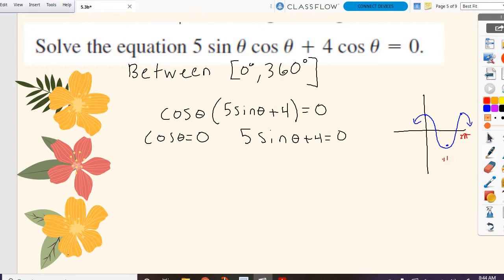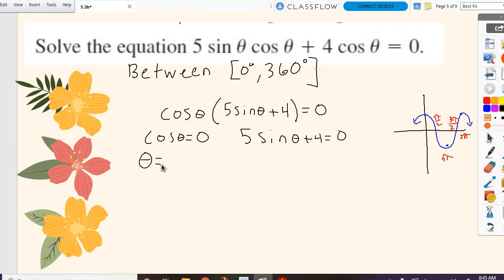Halfway in between is going to be our minimum, and then halfway in between those is going to be pi over 2 and 3 pi over 2. But remember that we are talking about it in terms of degrees this time.